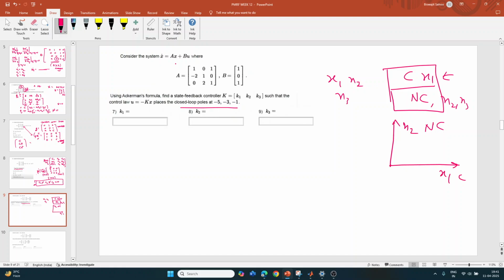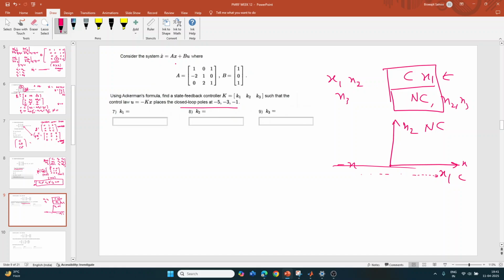Then you can vary x1 because it is controllable, from minus infinity to plus infinity in this direction. But x2 is non-controllable, so you cannot vary it; it's not in your hand.